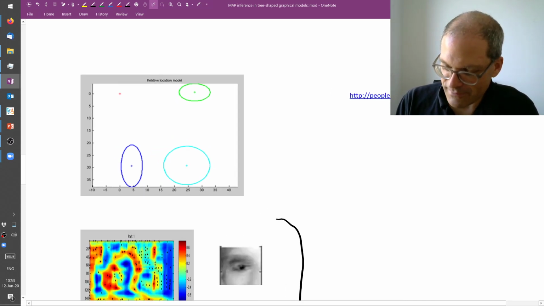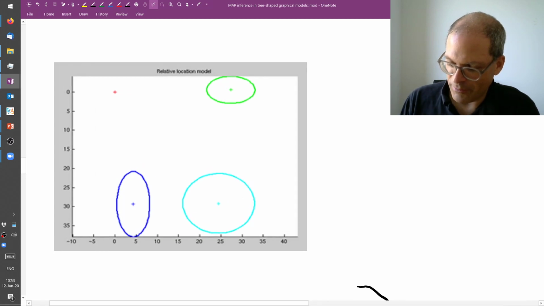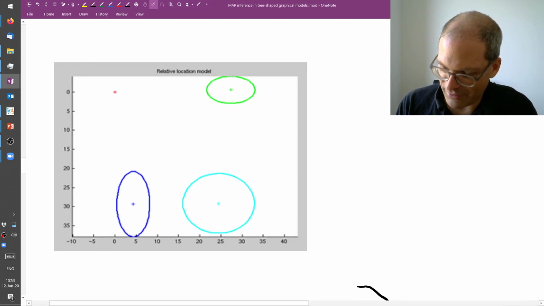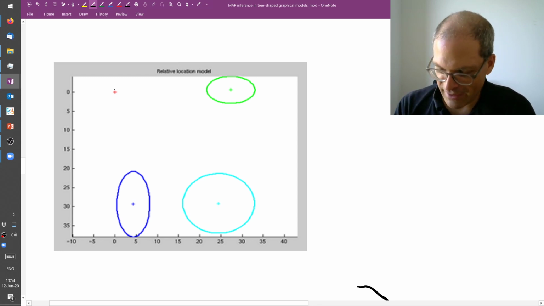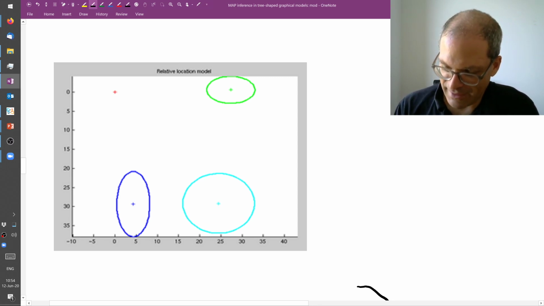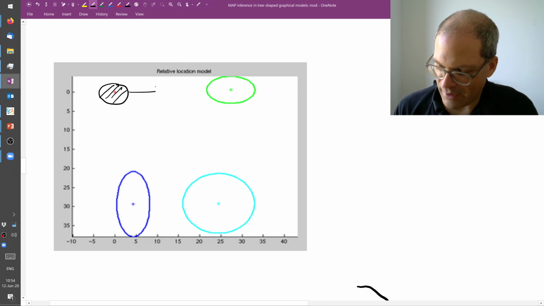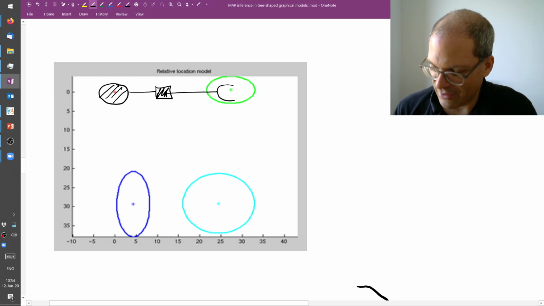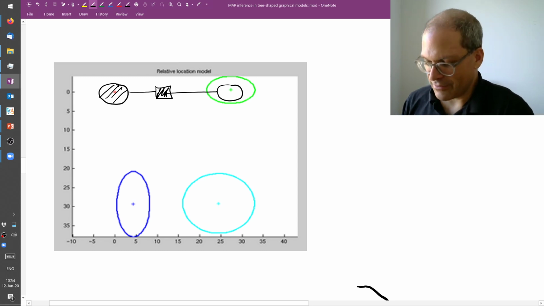So the model here, you cannot read this, but it tries to say relative location. So the relative location for, from our point of view, the top left eye is very precise. This is here. Then we have a unary factor telling us where the other eye is located.